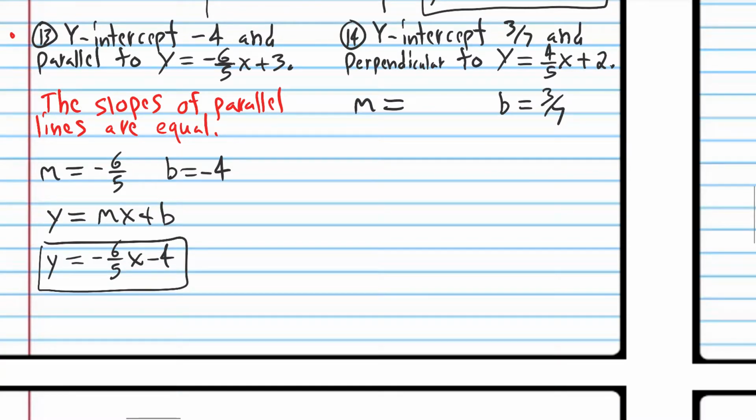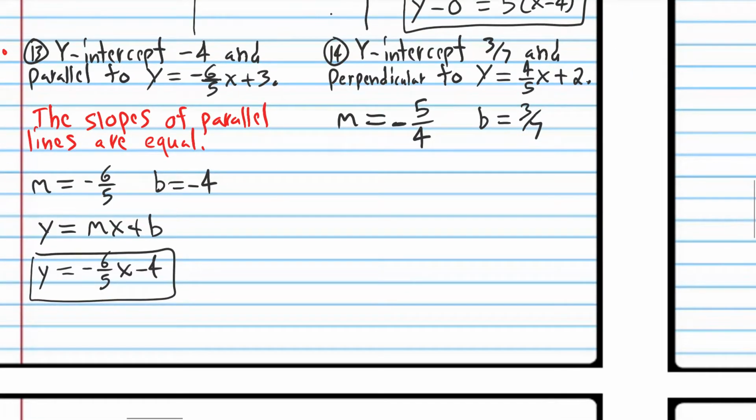Now the phrase negative reciprocals is just a fancy way to say that you take the slope of this line and you flip it so it becomes 5/4, and you change the sign. So we put a negative. So if you start with a positive number here, it changes to negative, and if you start with a negative number, it changes to positive. So again, we flipped it and we changed the sign.